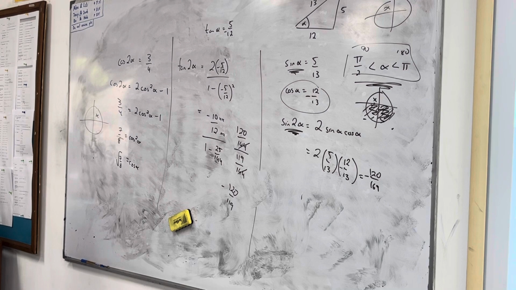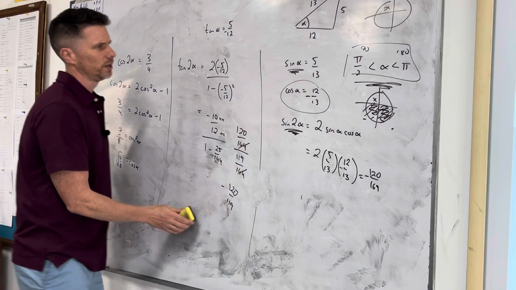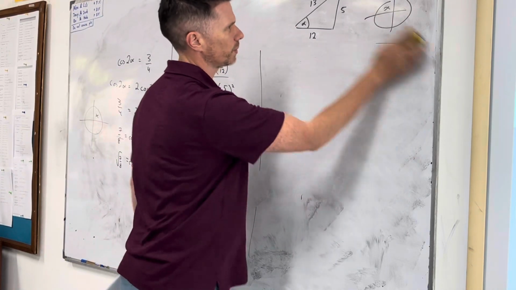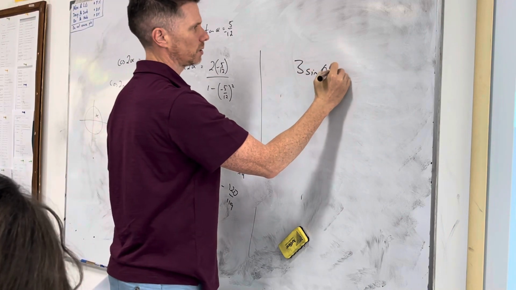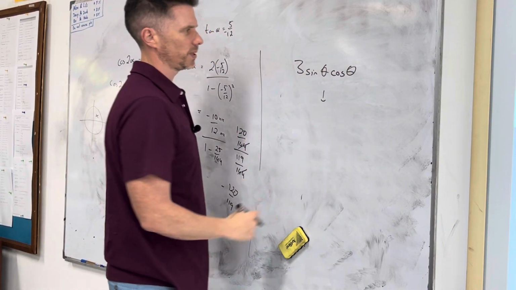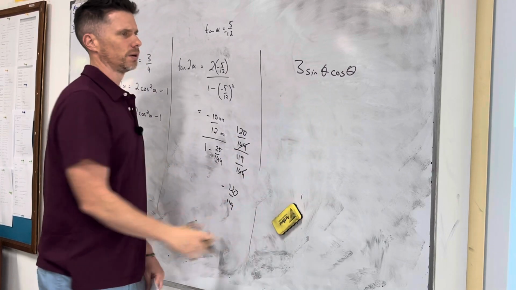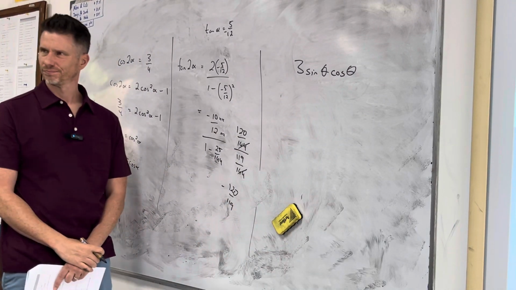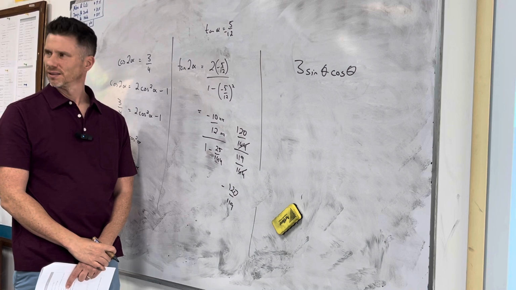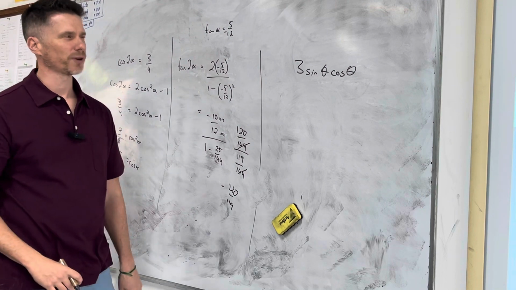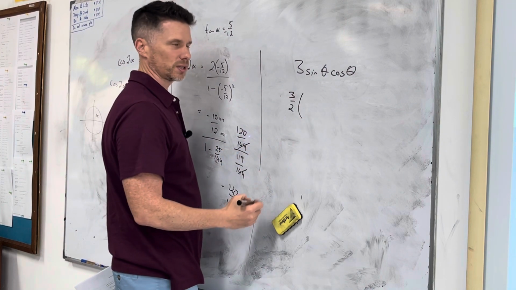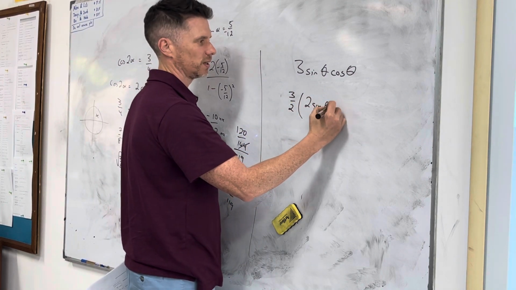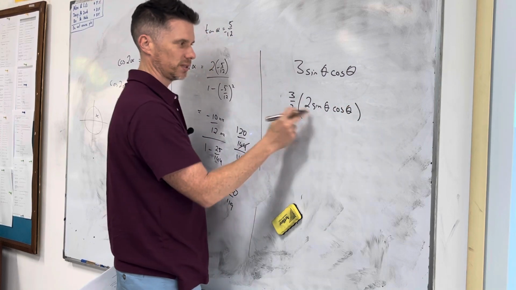Okay, the next one then, some manipulation, just simplifying like you did for homework, but with more formulas this time to work with. If I have 3 sine theta cosine theta, how can I simplify this a little bit? How would I simplify that? 1.5, yeah, so let's use fractions. 3 over 2, yes. 3 over 2 times 2 sine theta cosine theta is equivalent to that, isn't it?